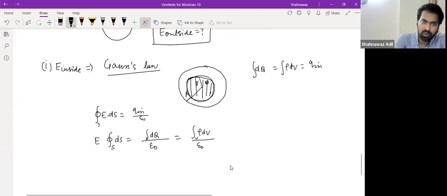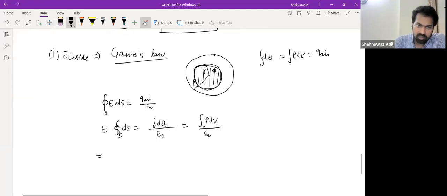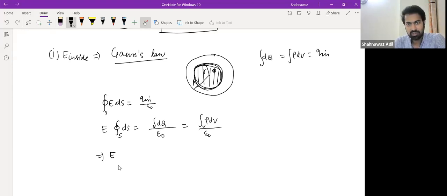So what will the integral of this surface give you? Yes, this is a sphere, surface of a sphere. So this would give 4 pi r square. Capital R or small r? Smaller, right? And this rho is taken outside.